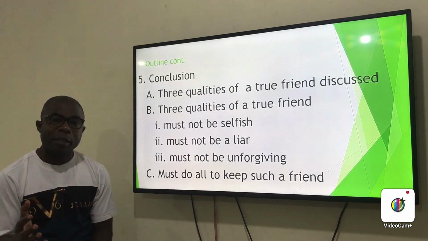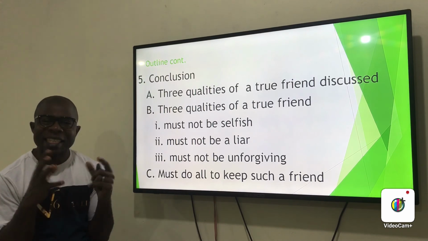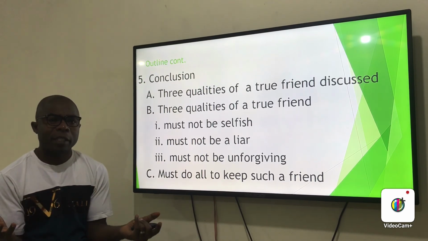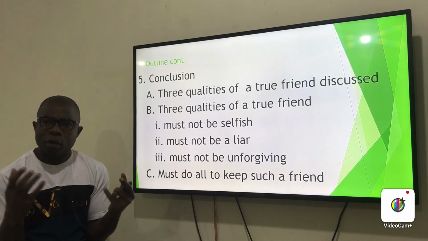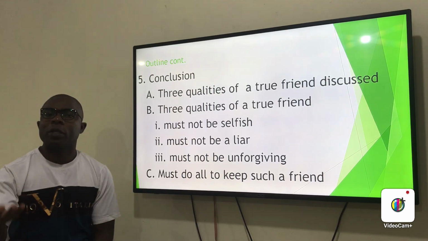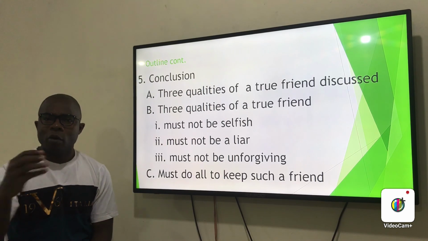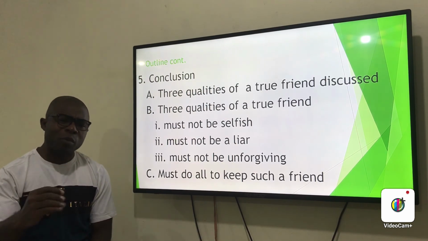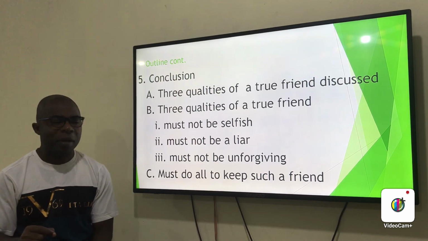So ladies and gentlemen, this is just an example of an outline. And that is why you see very good public speakers, you are able to wonder how they are able to maintain eye contact as they speak to you. What they have in front of them usually is not everything written word for word, but an outline.